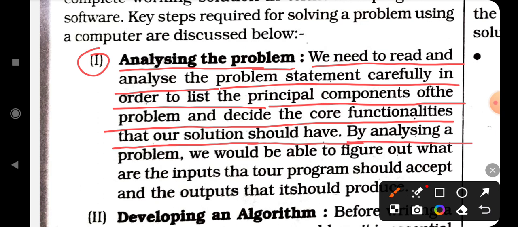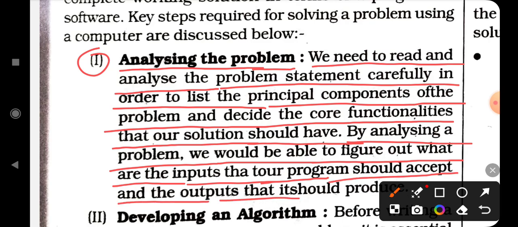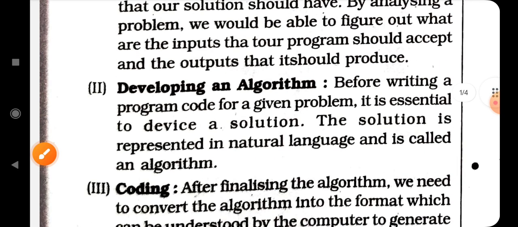By analyzing a problem, we would be able to figure out what the inputs the problem should accept and the output it should produce.